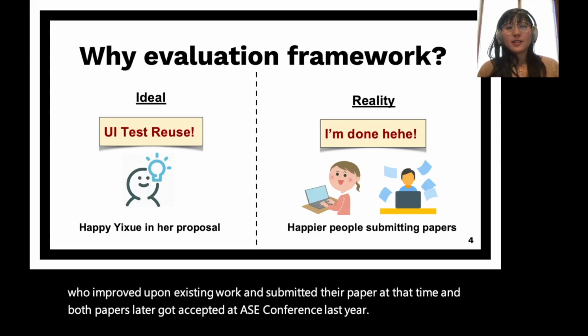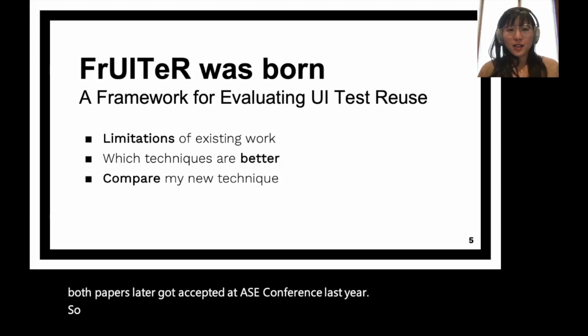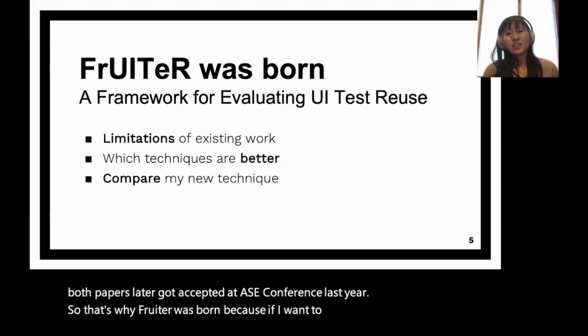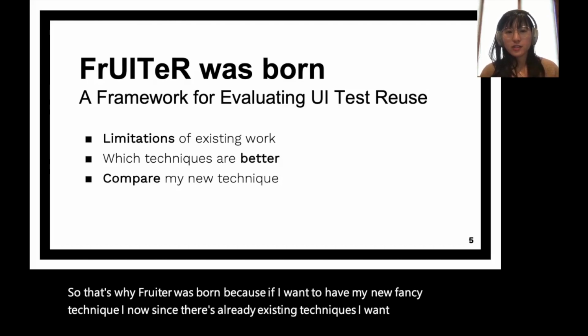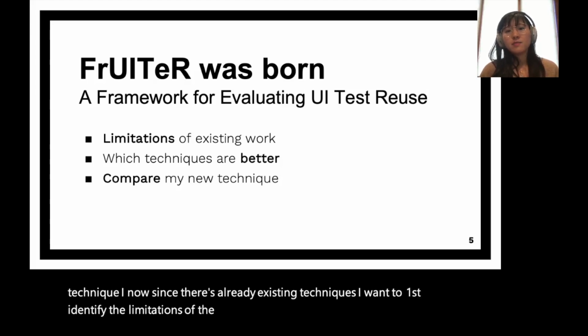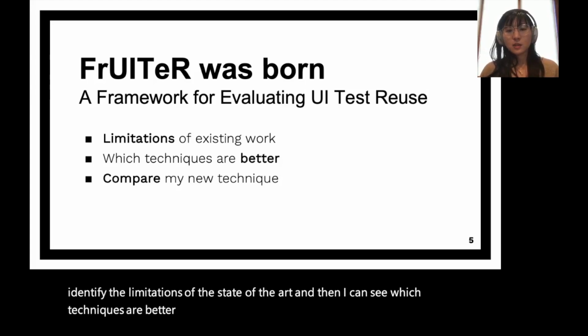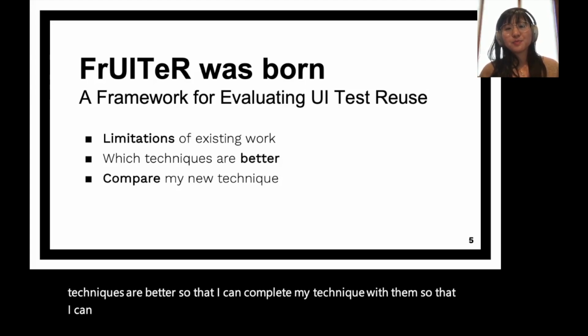So that's why FrUITeR was born, because if I want to have my new fancy technique, since there are already existing techniques, I want to first identify the limitations of the state of the art. And then I can see which techniques are better so that I can compete my technique with them so that I can show that my technique is better.